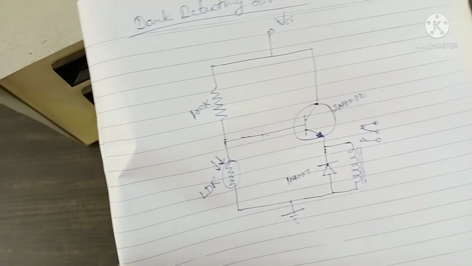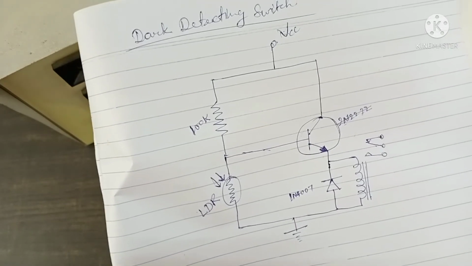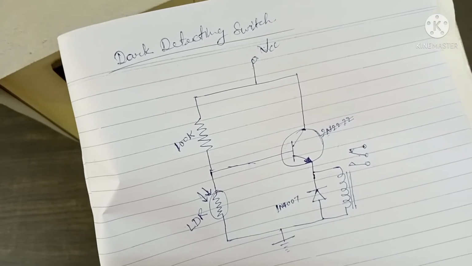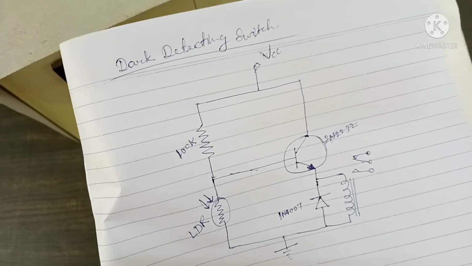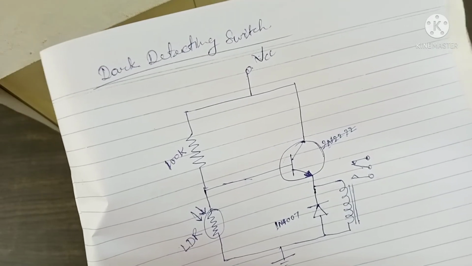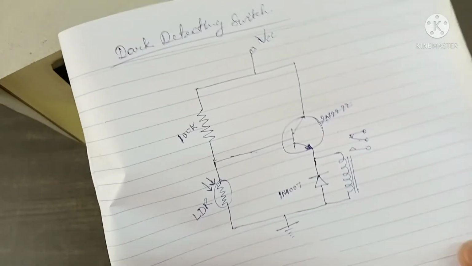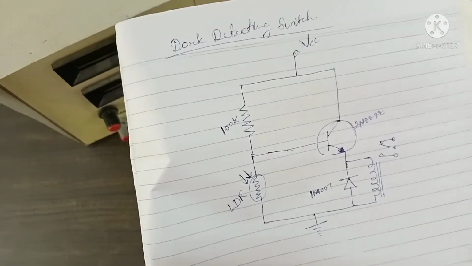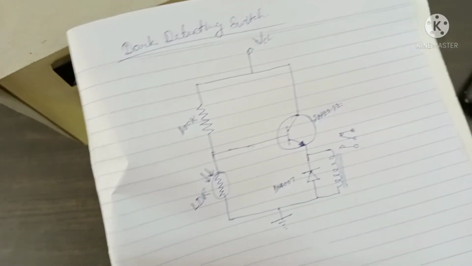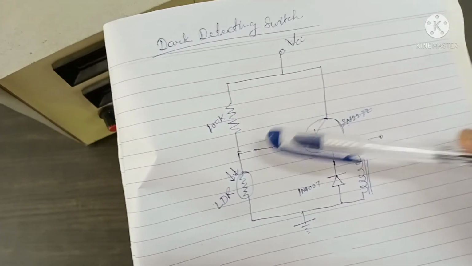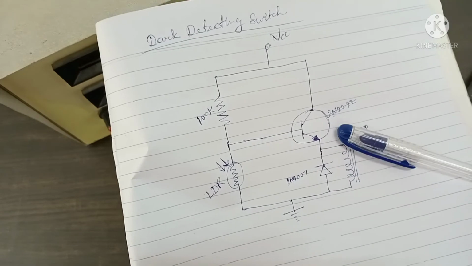For example, if you are operating a 1 HP motor, then the current required is around 5 ampere. If it is 5 ampere, then this transistor cannot hold that much current, so it may burn out. That's why we need a power transistor.